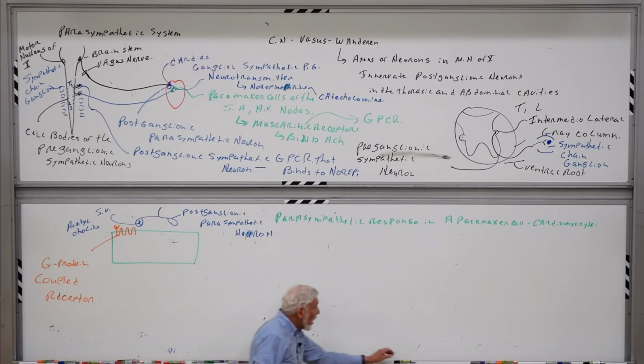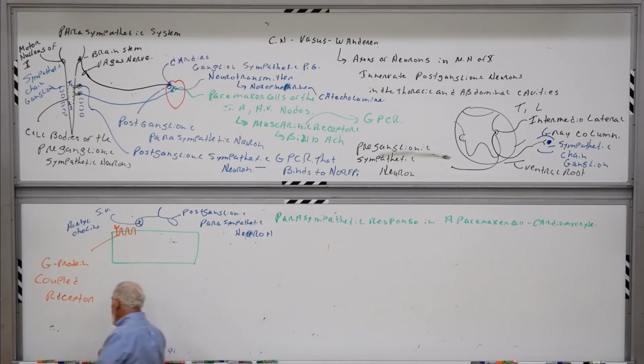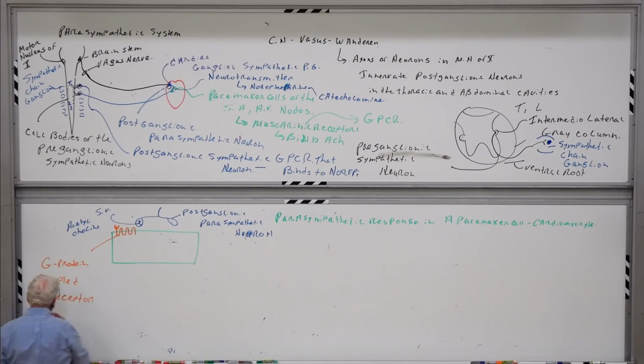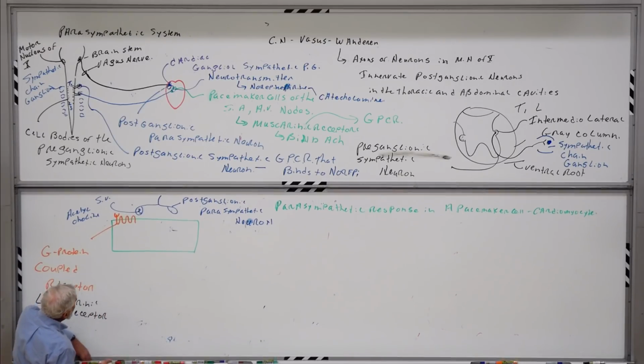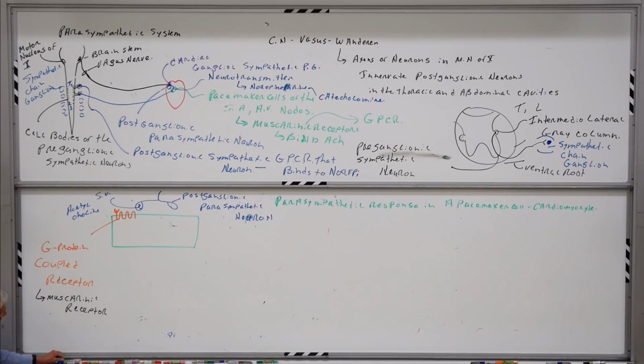The G protein coupled receptor in this case has another name. It's called a muscarinic receptor. The muscarinic receptor is a type of G protein coupled receptor that binds acetylcholine.